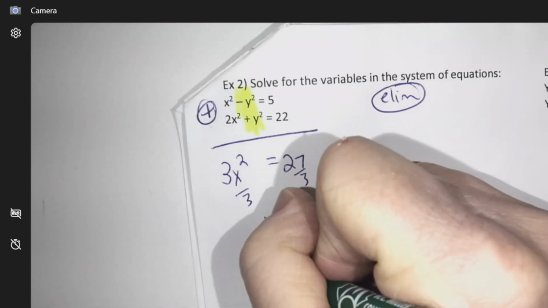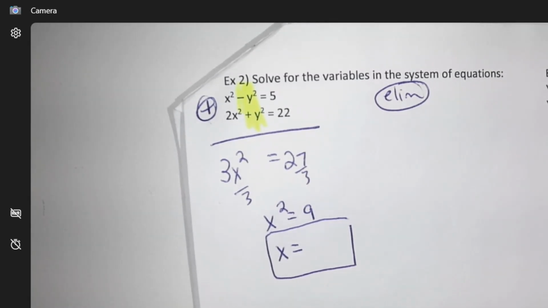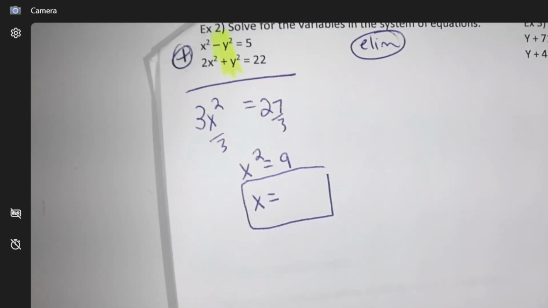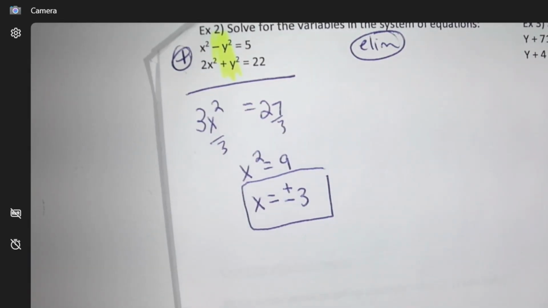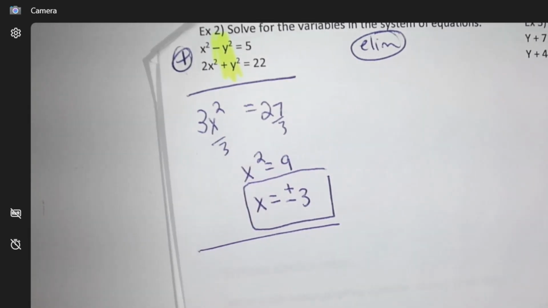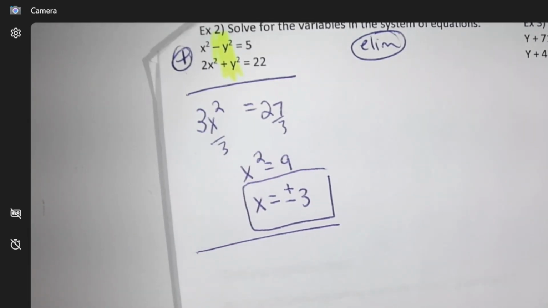And the early morning test, did you get the correct answer to x? Positive or negative 3 would work. Remembering that? Because I could square 3, I could square negative 3. They both work. Okay? What's always your last step with equations?